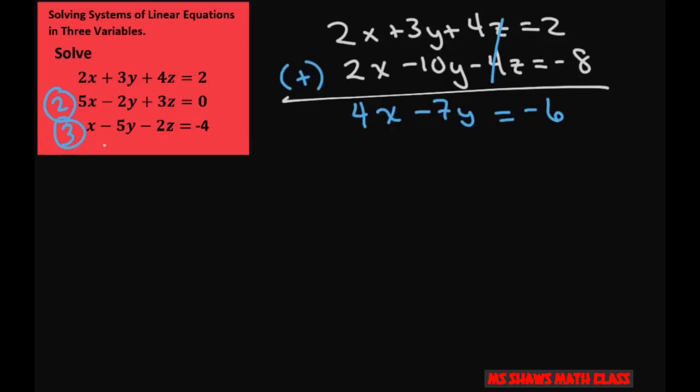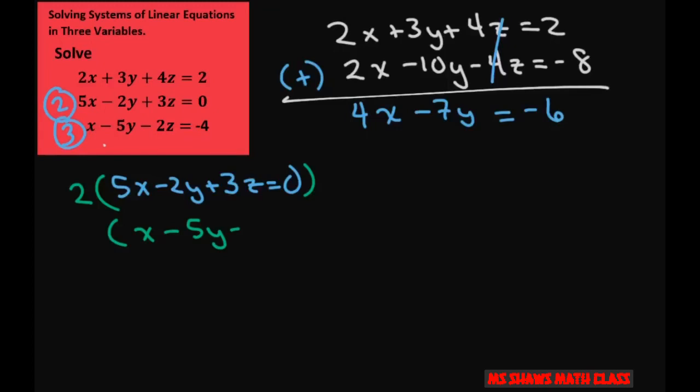What I'm going to do is take my first equation and multiply this by 2, and I'm going to take my second equation and multiply this one by 3, because I want my z's to be the same.